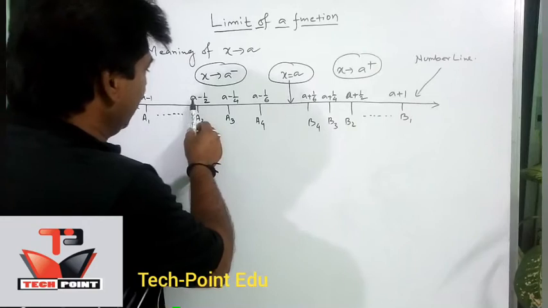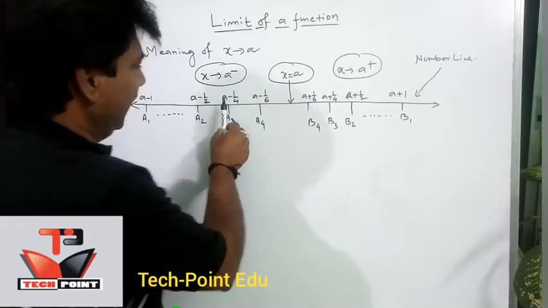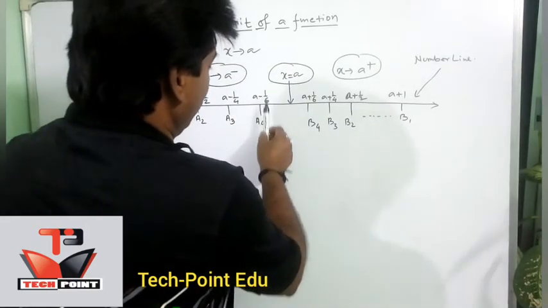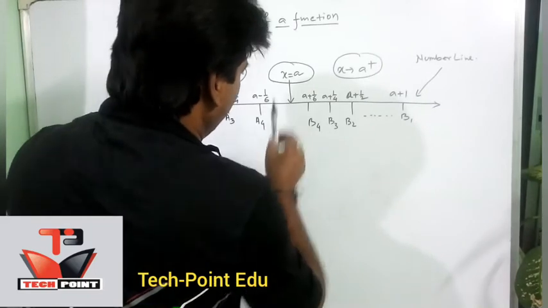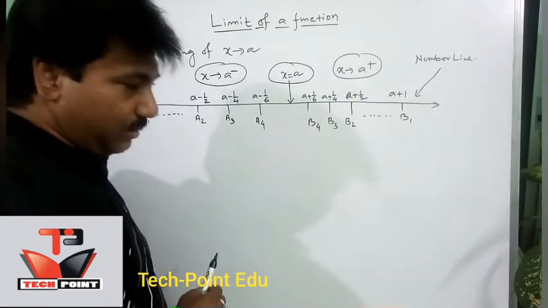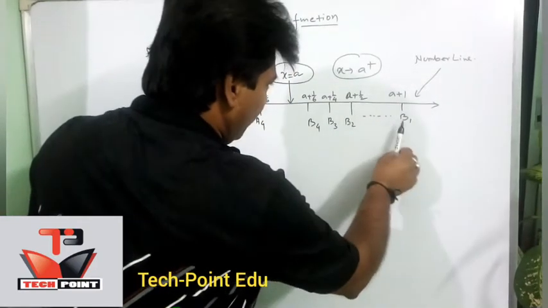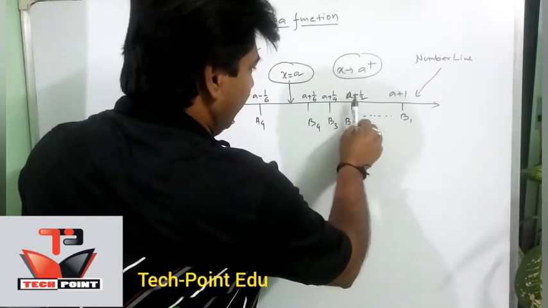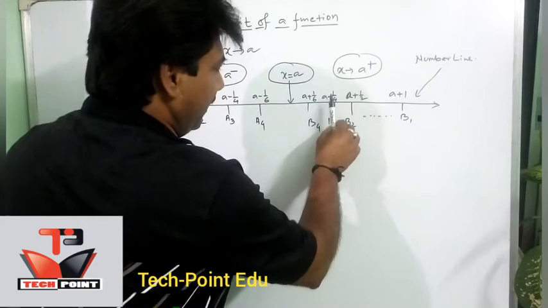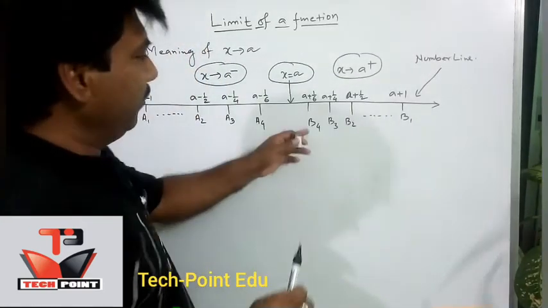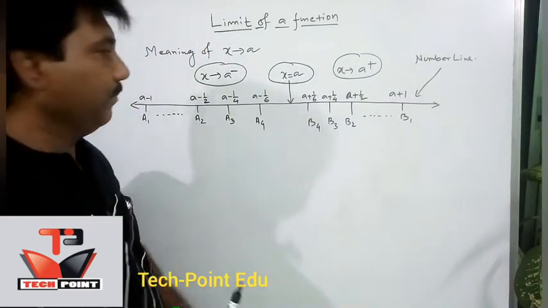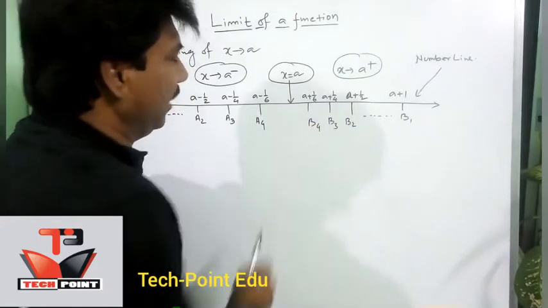You check this one, a minus half, a minus 1 by 4, a minus 1 by 6. That means finally we will reach x is equal to a. Similarly, from the b1 point, the b2 point is coming, a plus half, b3 is a plus 1 by 4, and b4 is a plus 1 by 6. And finally we will reach the point x is equal to a.